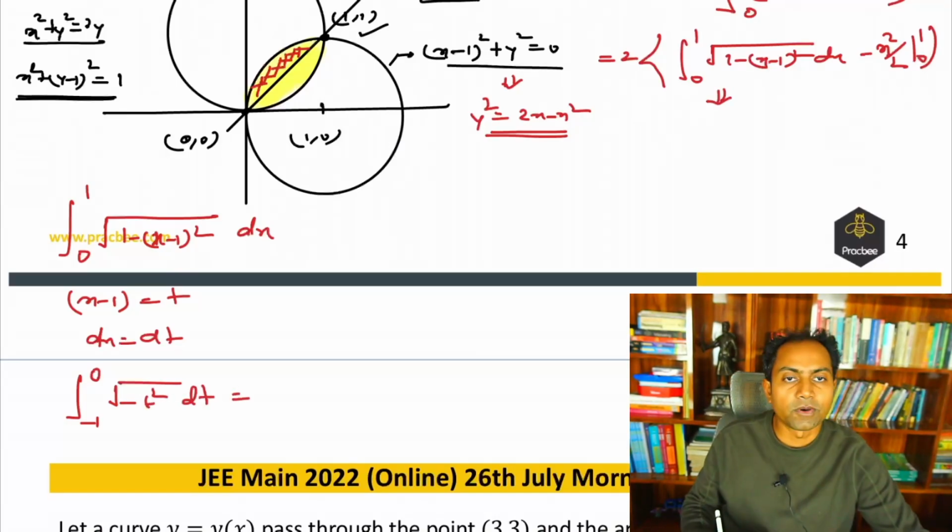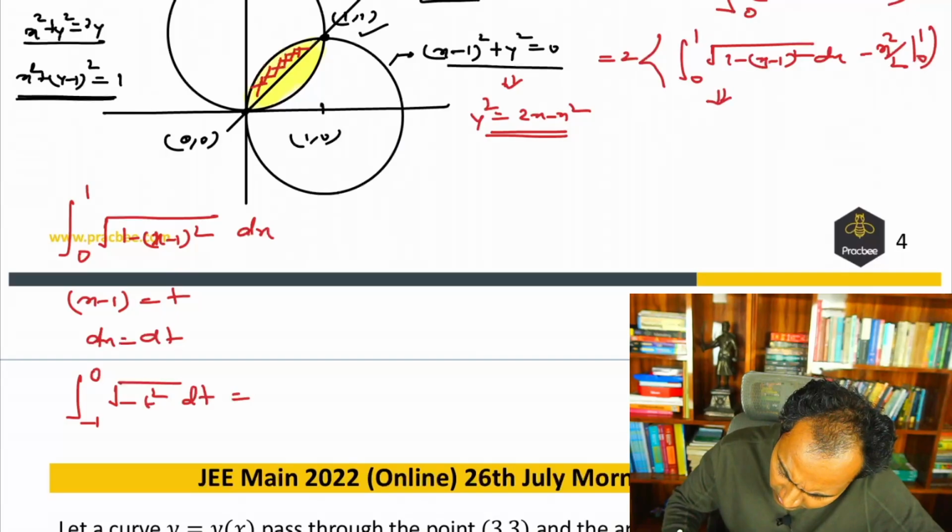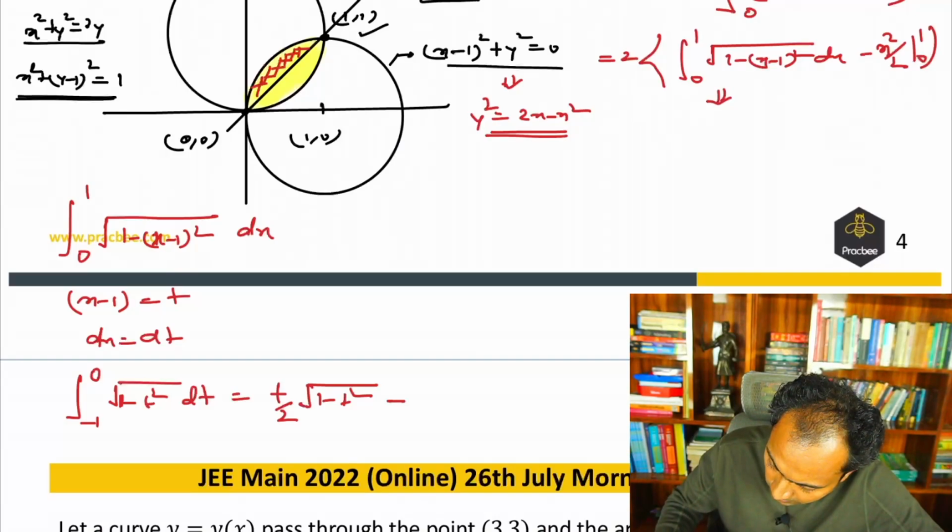We have a direct formula for this. This can be written as nothing but t by 2 root of 1 minus t square plus 1 by 2 sine inverse t, from minus 1 to 0.